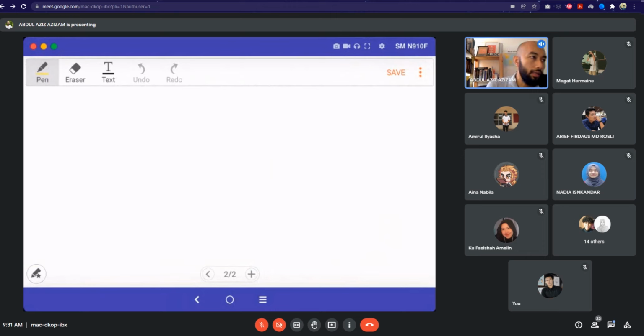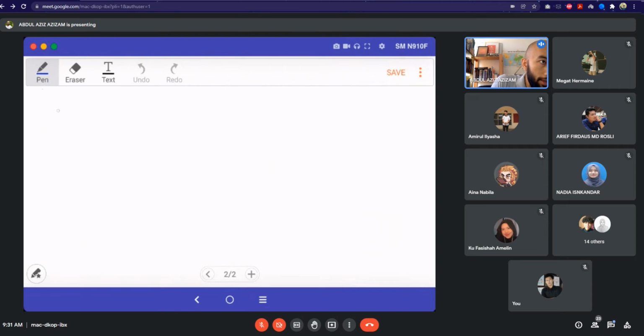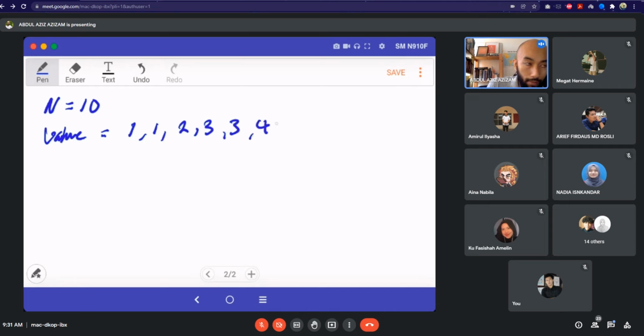Okay, now kita ada 10, kan, n equal to 10, population kita n equal to 10. So n equal to 10, dia ada value 1, 2, 3, 4, 5, 6.